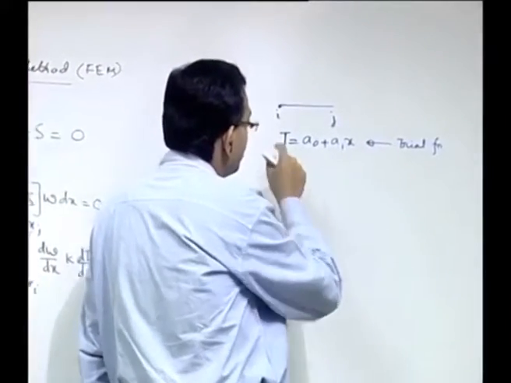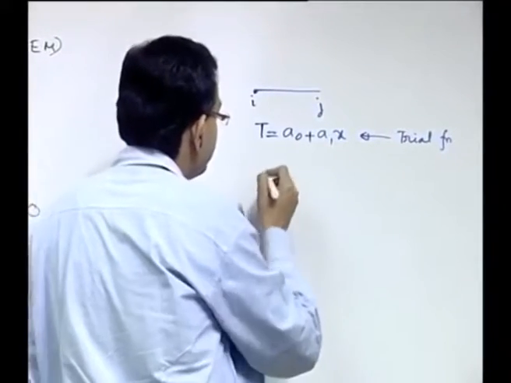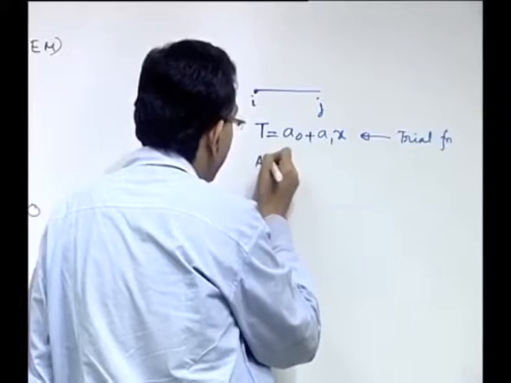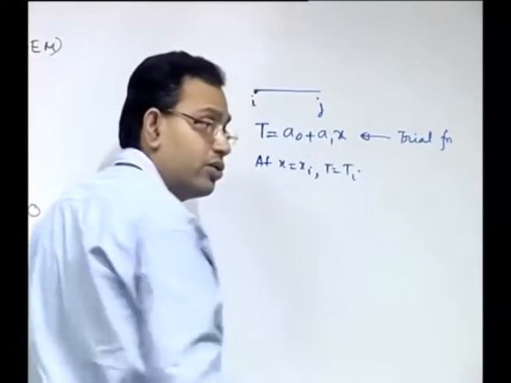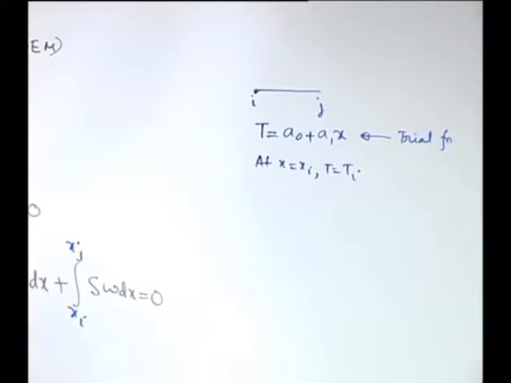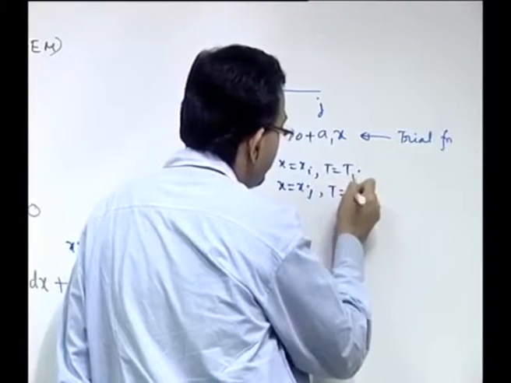Now, you have the following information, that at x equal to xi you have T equal to Ti, which is an unknown which you intend to find out, and at x equal to xj you have T equal to Tj.